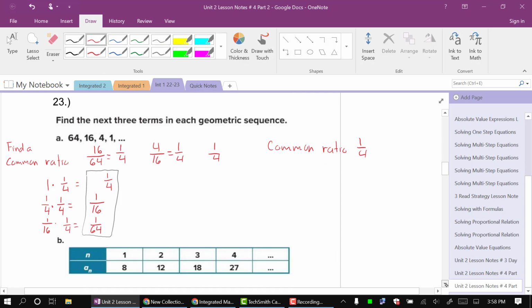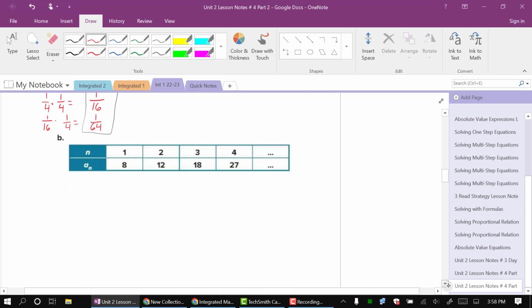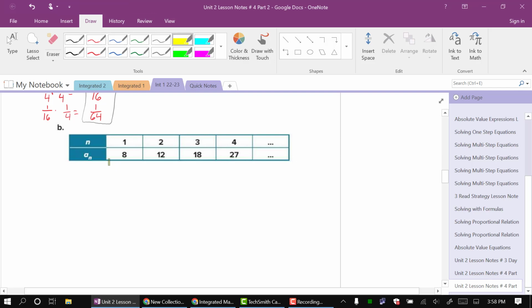Now let's take a look at B. So these are the terms in my sequence, and this is the number term they are. So this is my first term, second term, third term, fourth term. I want to start off with finding my common ratio.